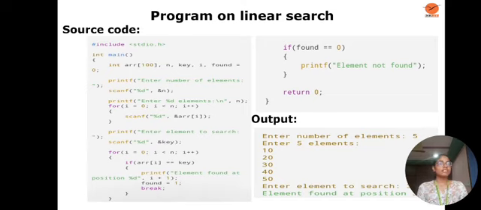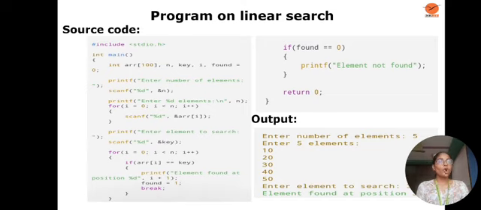That means it searches whether the entered element is present in the array or not. If it is present, it prints element found at position and returns the position of that element. If found equals 0, that means the element is not found in the array, then it prints element not found. Return 0, that is the usual.